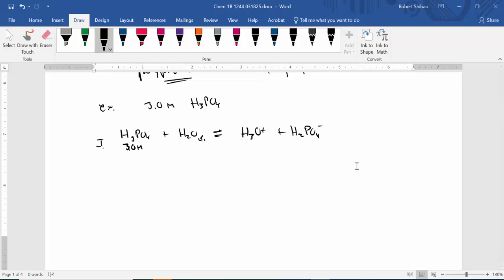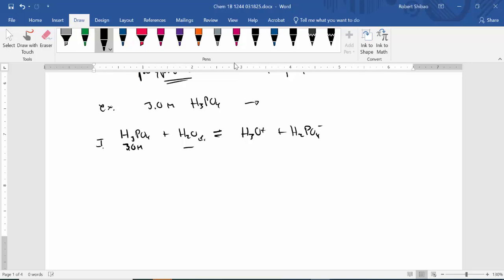So at room temperature, we will have a non-zero number of just phosphate in there, or just phosphate with no hydrogen, and that'll be determined by the Ka of the initial. If we do this stoichiometrically, we expect 3 times 3, which would be 9 molar H plus and 3 molar phosphate.